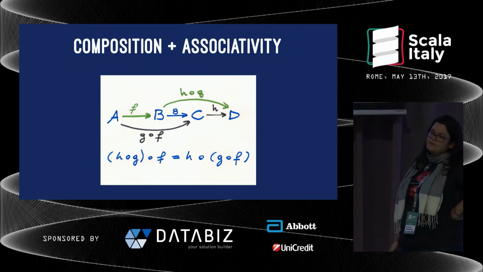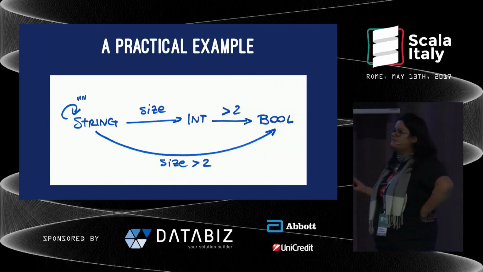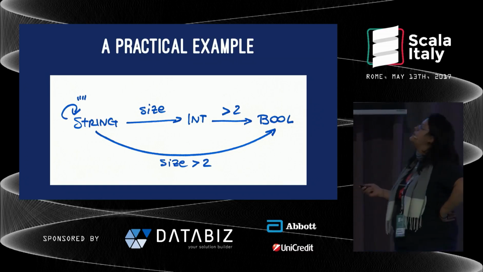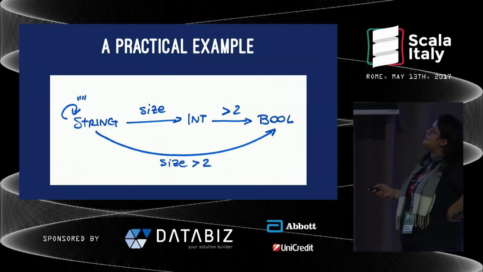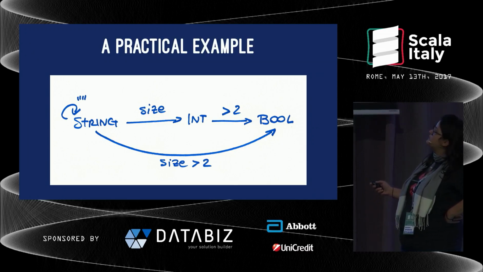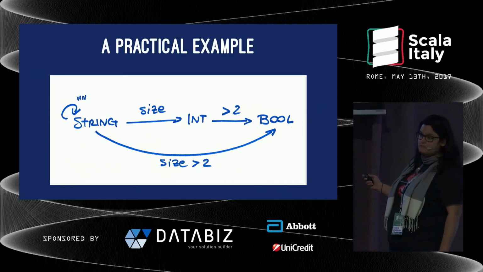Okay, but why do we care, right? Well, this is actually something that we know already. We do it all the time, so here is an example. Given any string, we can define a function that could be called size, that will return an int. And given an int, we could define another function, for example, bigger than 2, that will return a Boolean.